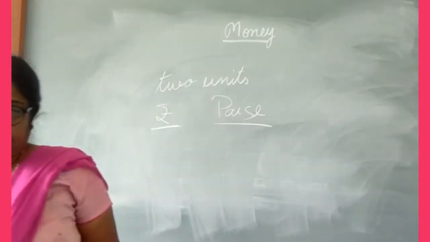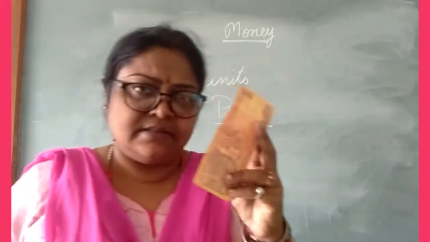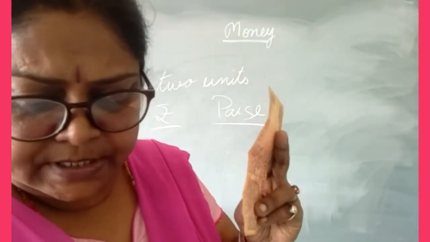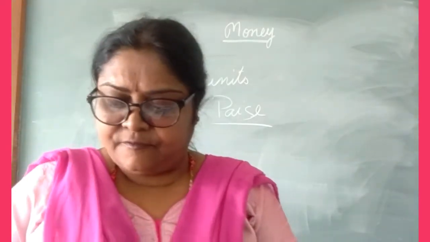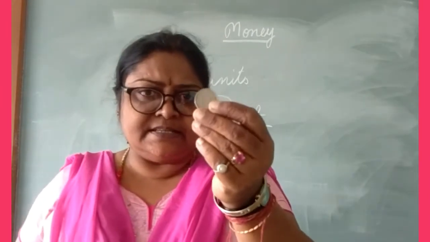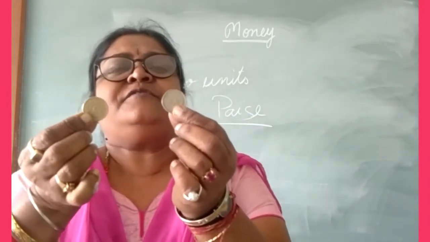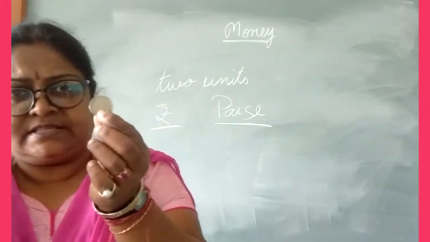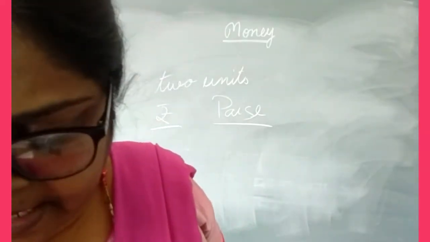Now you can see this is a 10 rupees note. If you take a 5 rupees coin and another 5 rupees coin, two 5 rupees coins, then it will become a 10 rupees coin.